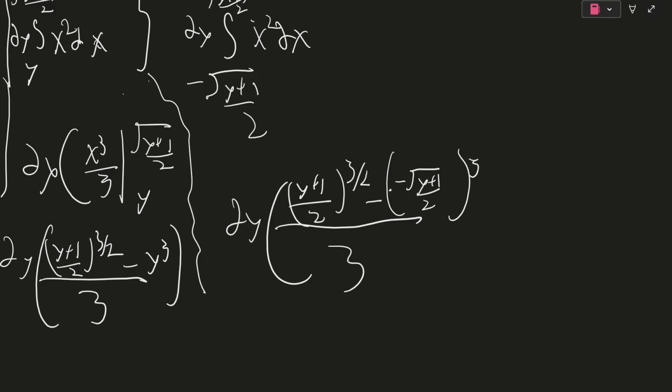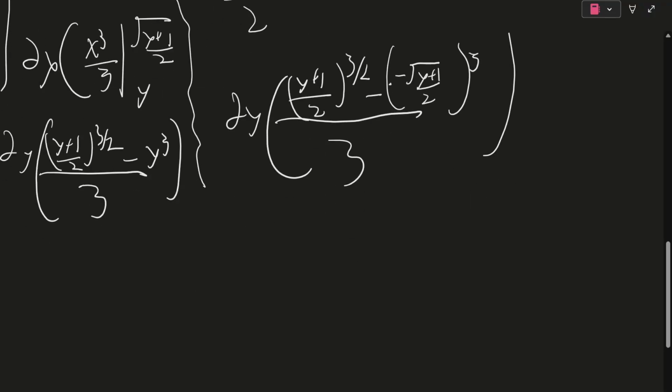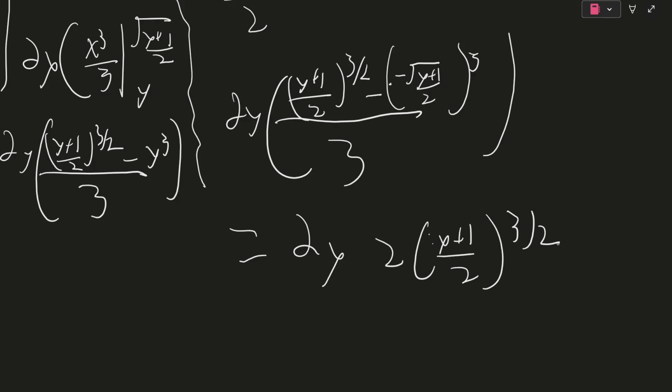And that can be simplified a little bit into dy. Our negative can be brought out of the cube, because whenever you have a negative thing cubed, it is still negative. And then the negative becomes a positive, so the two things get added together. So it becomes 2 times y plus 1/2 to the 3/2, divided all by 3.